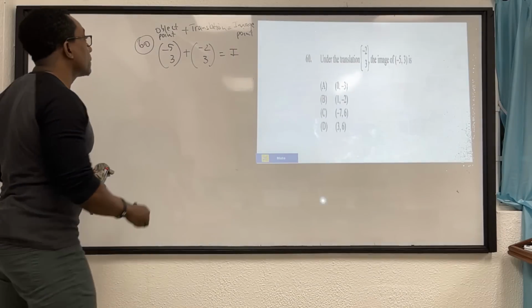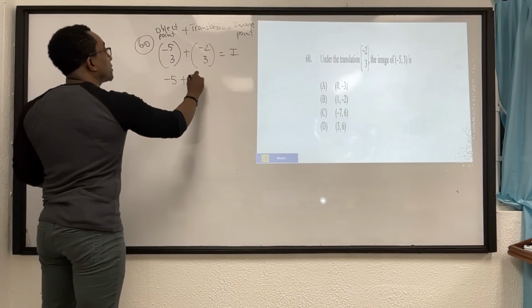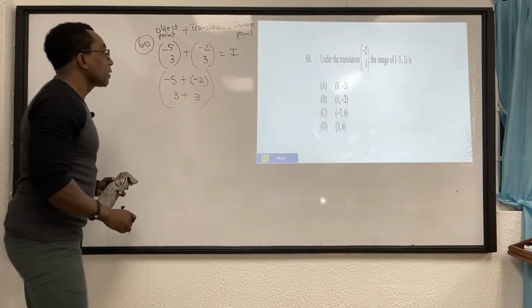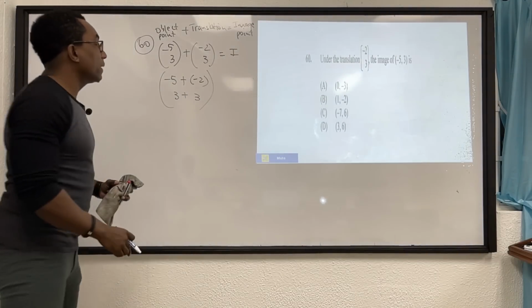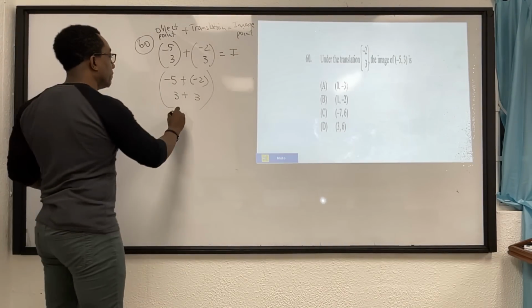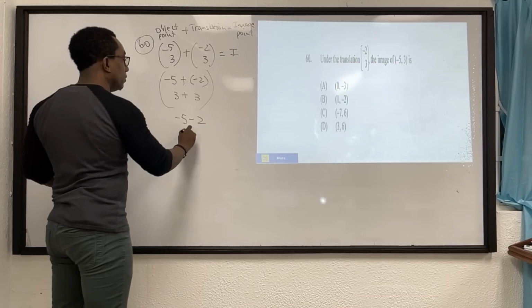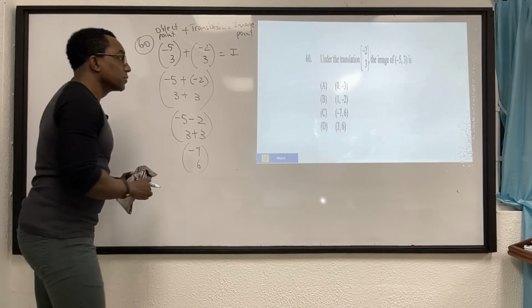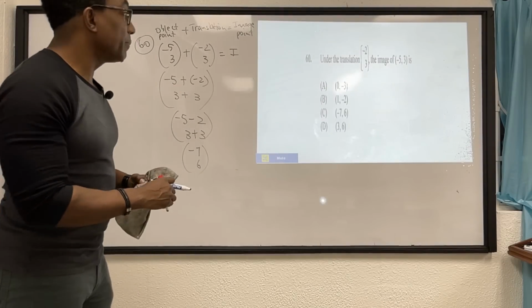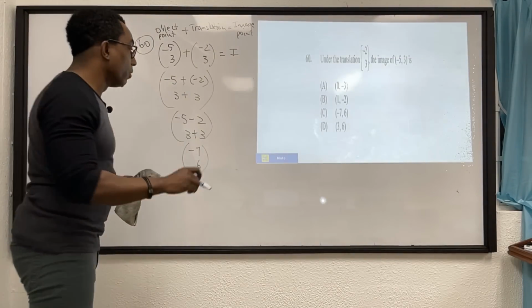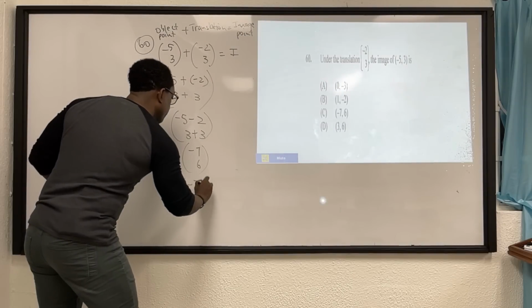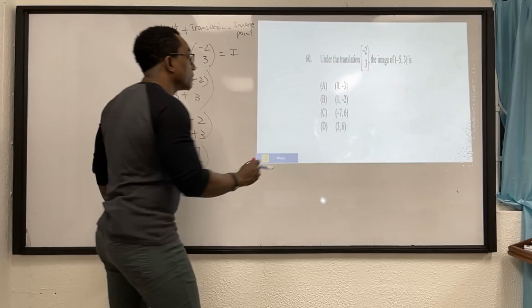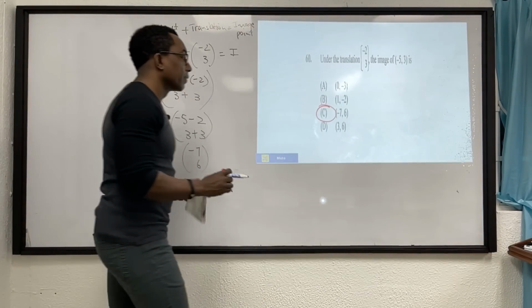So this becomes -5 plus -2 in brackets, 3 plus 3. A plus by a minus is a minus, so we get -5 subtract 2, 3 plus 3, which is (-7, 6). So the answer for question 60, we can rewrite it back as a row vector, and of course we will state the answer here as C.